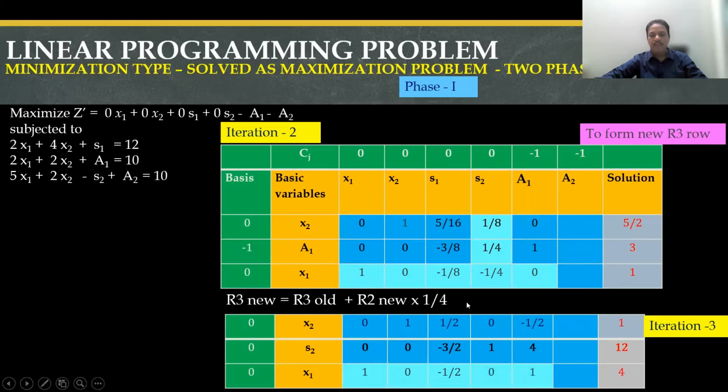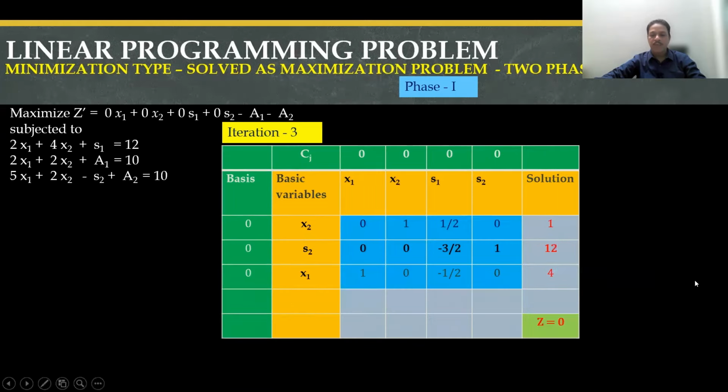And finally, to make this minus 1 by 4 of the R3 old row as 0, by using the equation R3 new equal to R3 old plus R2 new into 1 by 4. And putting these values for iteration 3 this way.